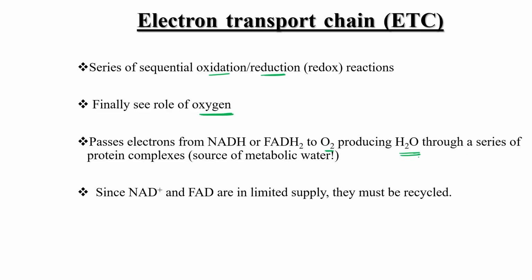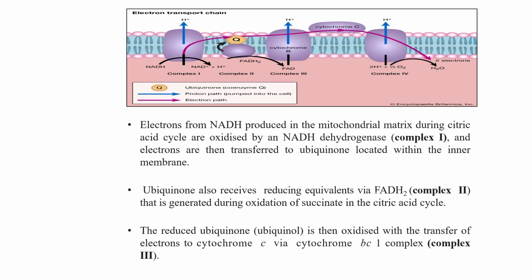This water is also known as metabolic water, generated during the electron transport chain. Since NAD and FAD are in limited supply, they must be recycled during this process. And this is the electron transport chain.